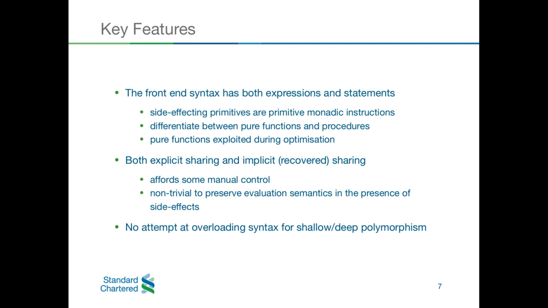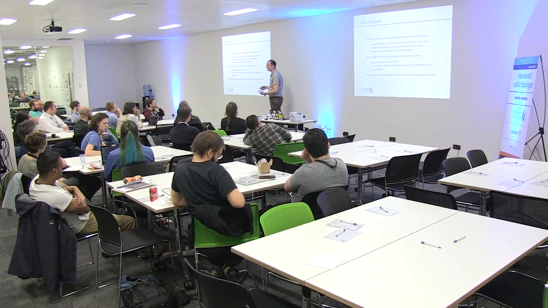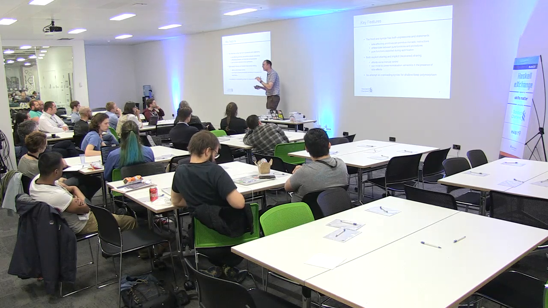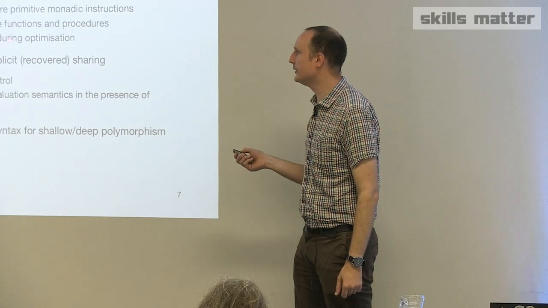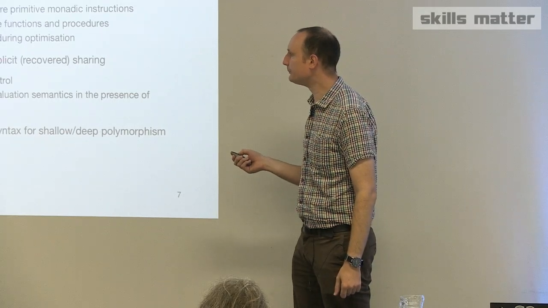But the advantage of differentiating between the pure functions and what I call procedures is that there are lots of optimizations I do, like partial evaluation and other things, which are very easy to write for such a small DSL, and it's nice to know that it's safe to do that.